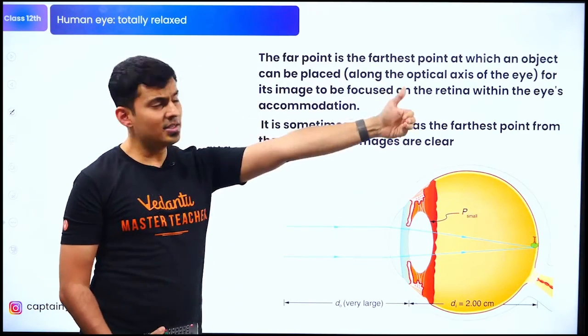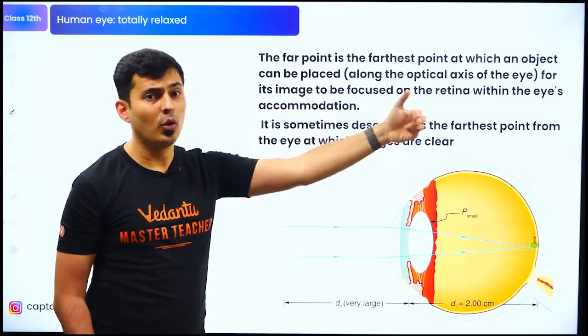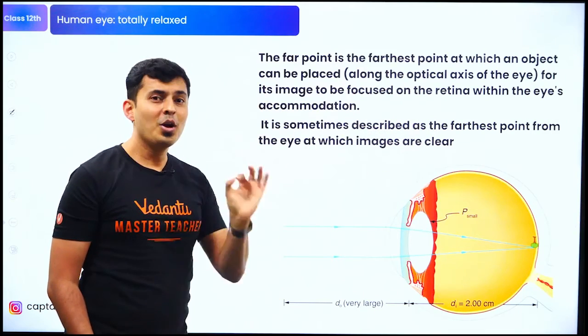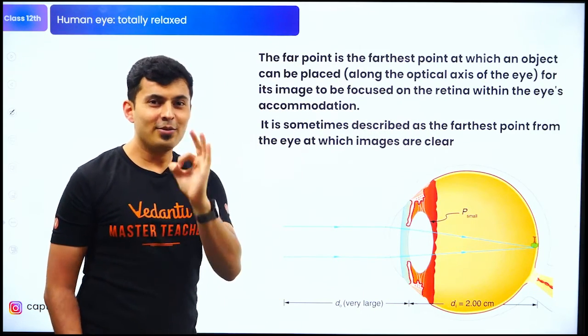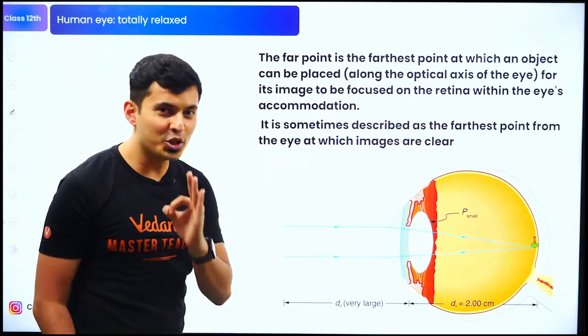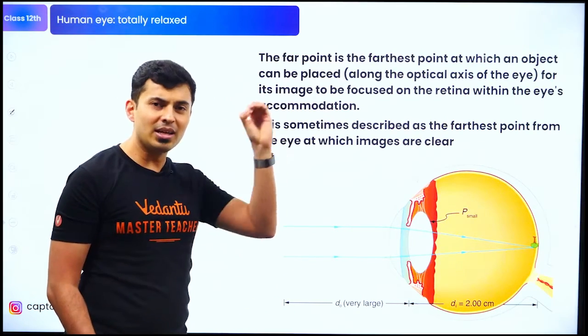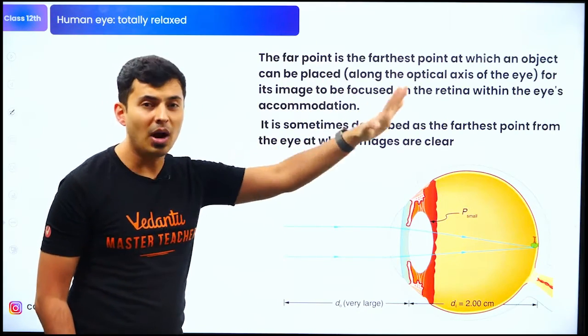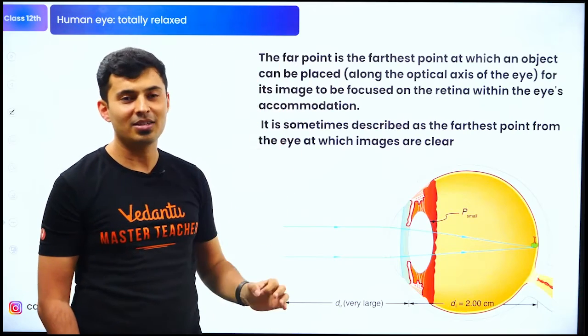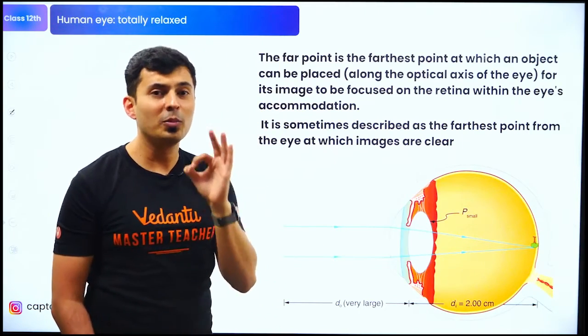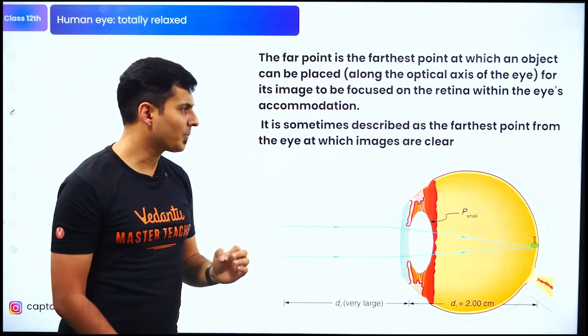Now, the farthest distance till which your eyes can focus is called the far point. For a healthy average human being, the far point should be infinity. So you should easily be able to see distant mountains or even planets and even stars, and your eyes should be in the relaxed condition.